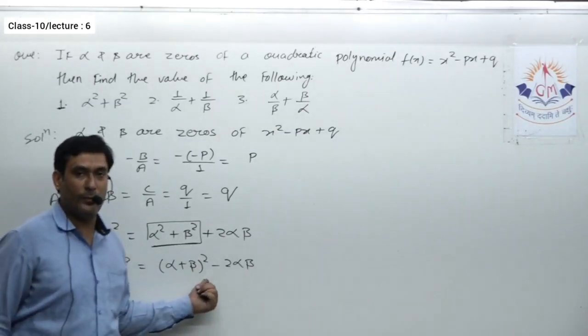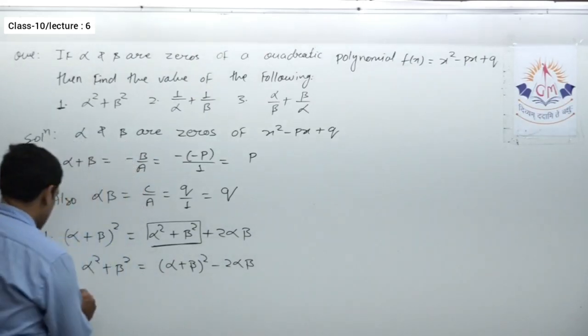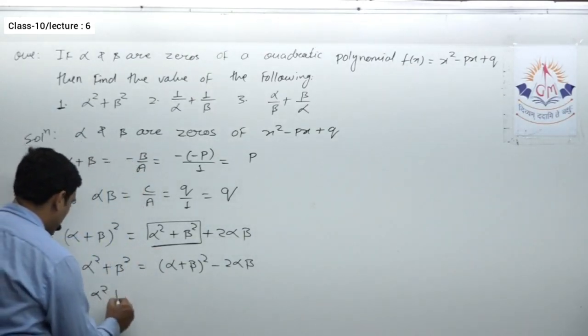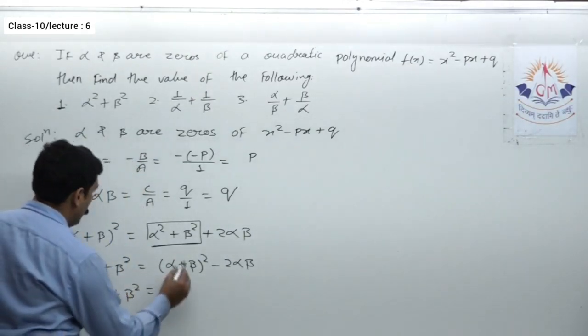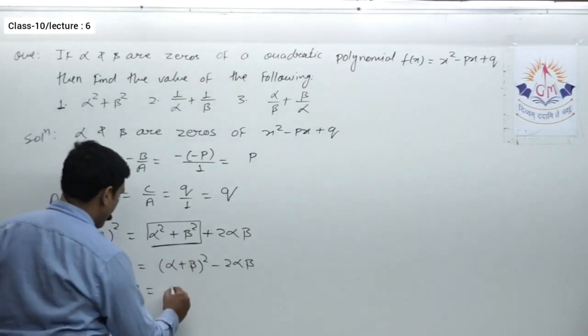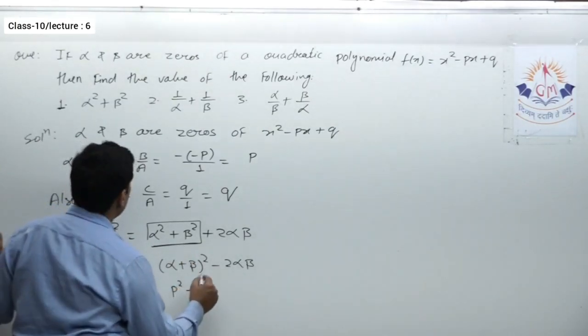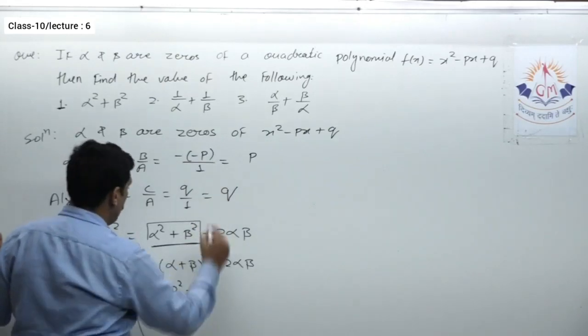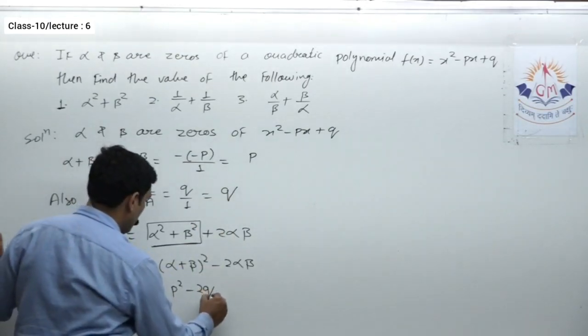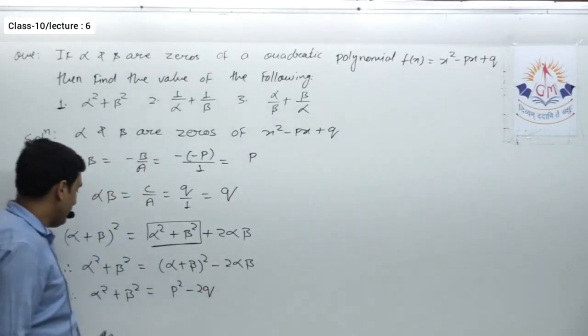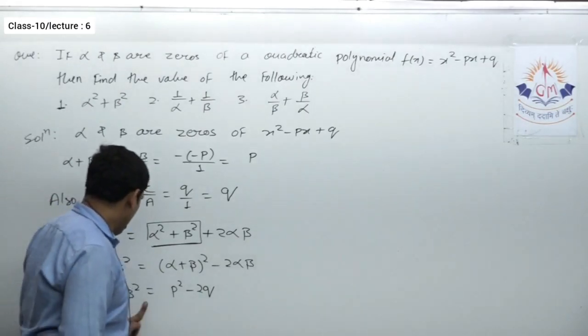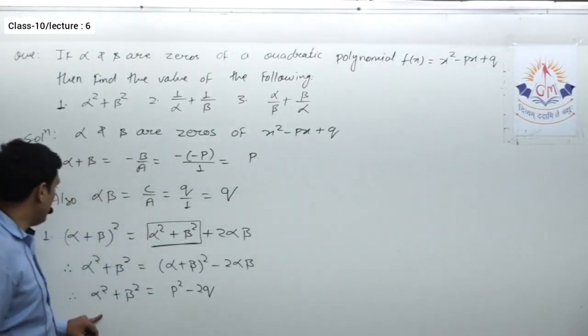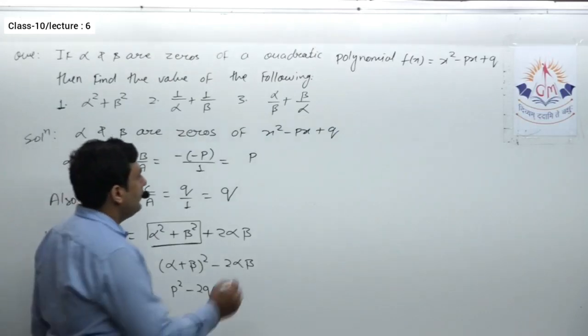Simply I'll put alpha plus beta and alpha beta to get this. Therefore, alpha square plus beta square: alpha plus beta is p, minus 2 alpha beta, and alpha beta is q, so 2q. P square minus 2q is the value of alpha square plus beta square.